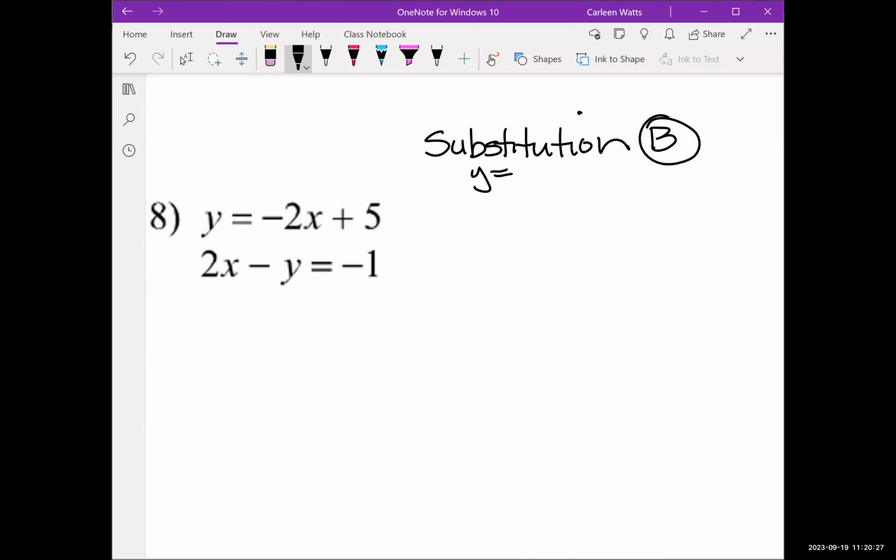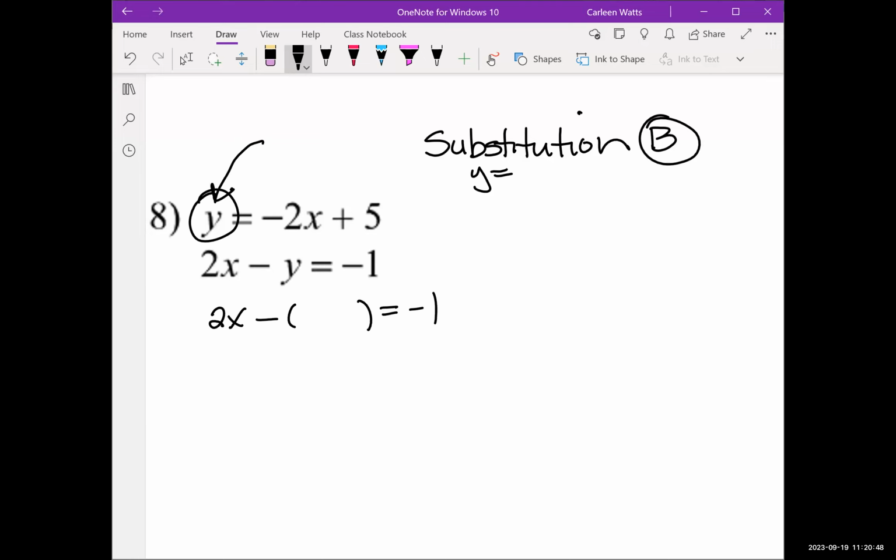Okay, you ready? This is the one that's isolated. So take your standard form, take out the y.